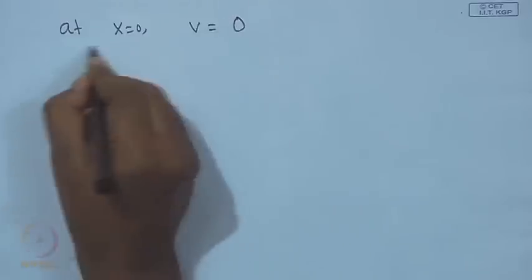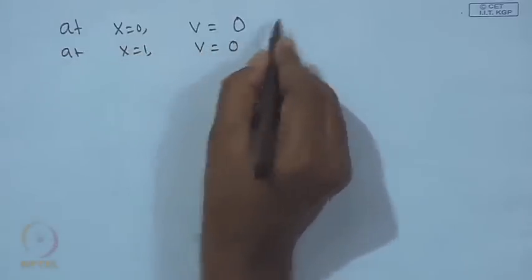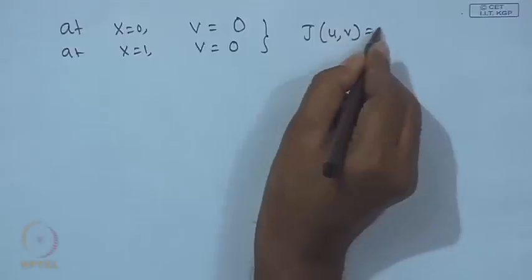So, if we do that, we will be getting that at x is equal to 0, v is equal to 0 and at x is equal to 1, v is equal to 0. Under this condition only the bilinear concomitant will vanish.